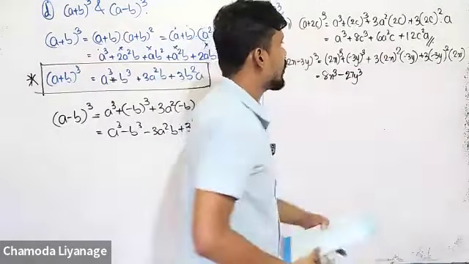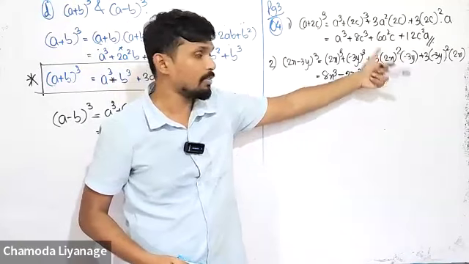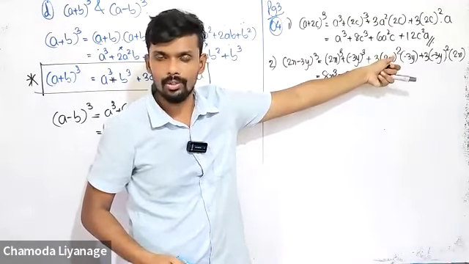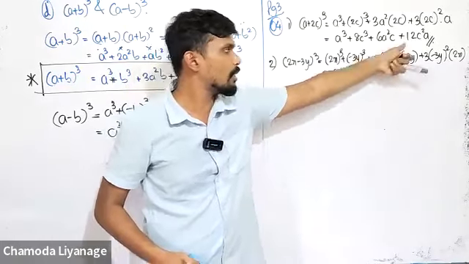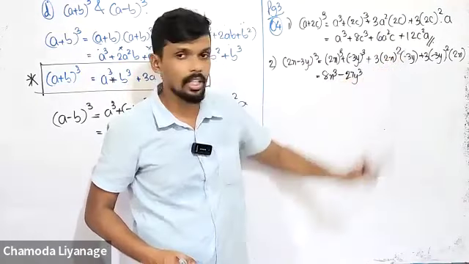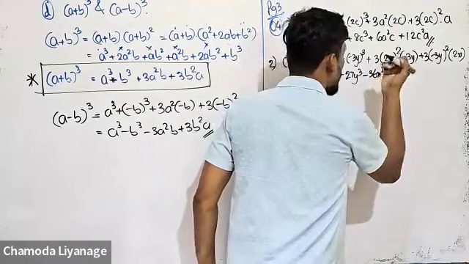Here, first check the sign. The final sign should be minus, and simplify the numbers. So there is a 2 squared. 2 squared is 4. 4 into 3 is 12. 12 into 3, 36. So minus 36 x squared y.